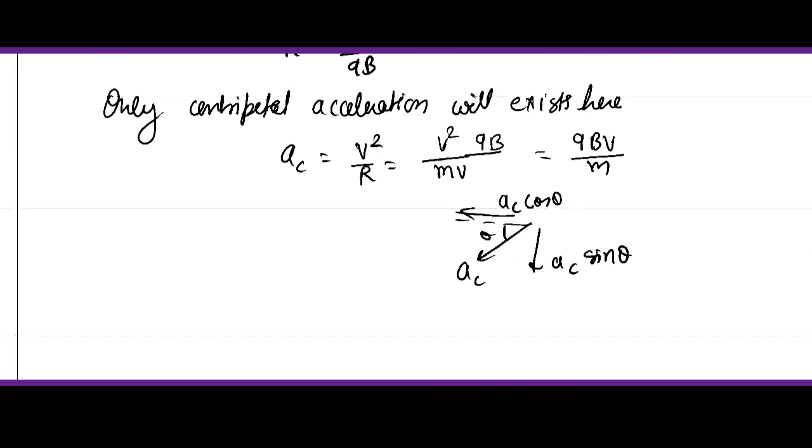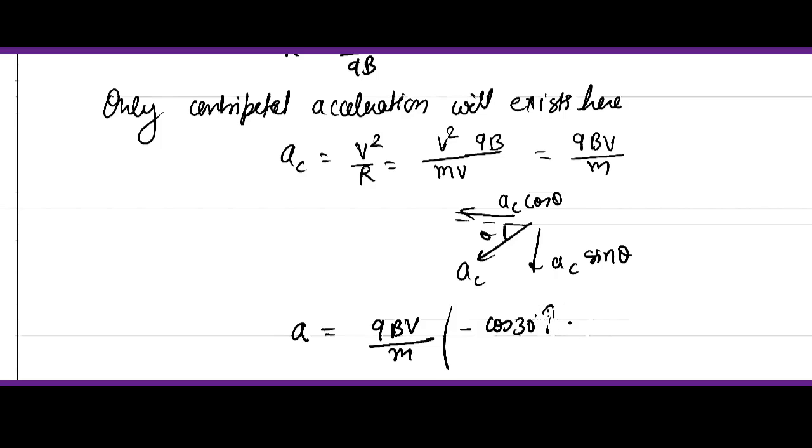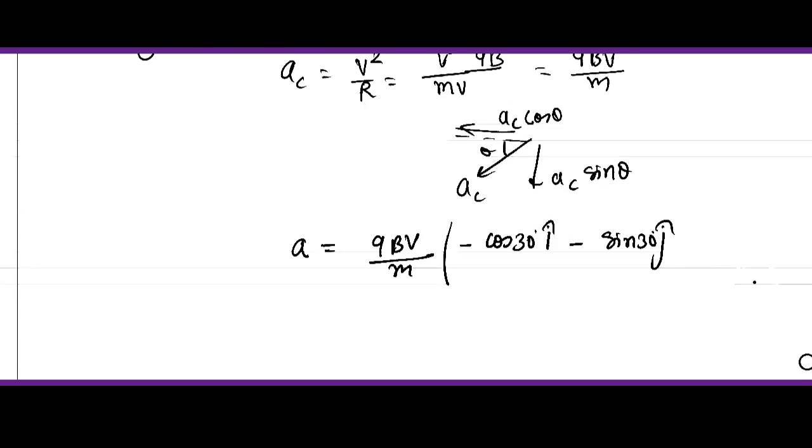So you can just put the value here to get the direction. So you'll get the acceleration direction as, you can see this is already directed toward the left, so I will put a negative sign, and cos 30 degree i cap, minus sine 30 degree j cap, right?